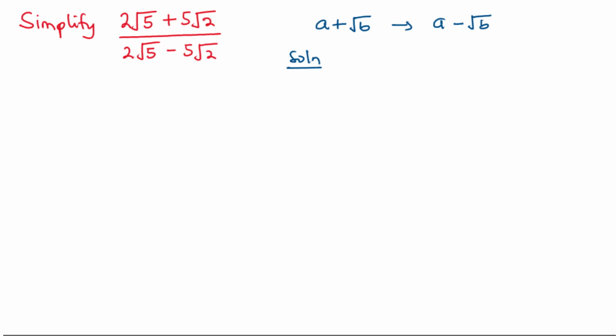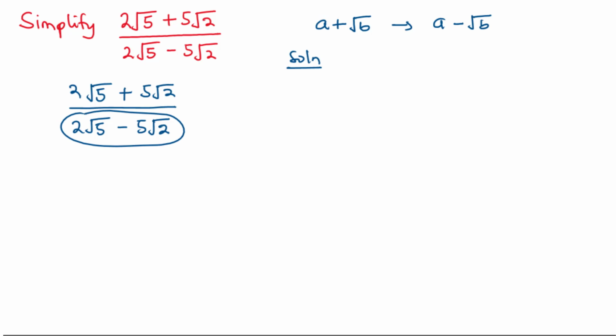So how do we solve this problem? Given the said expression 2 root 5 plus 5 root 2 divided by 2 root 5 minus 5 root 2, we are going to multiply both the numerator and the denominator by the conjugate of this surd.